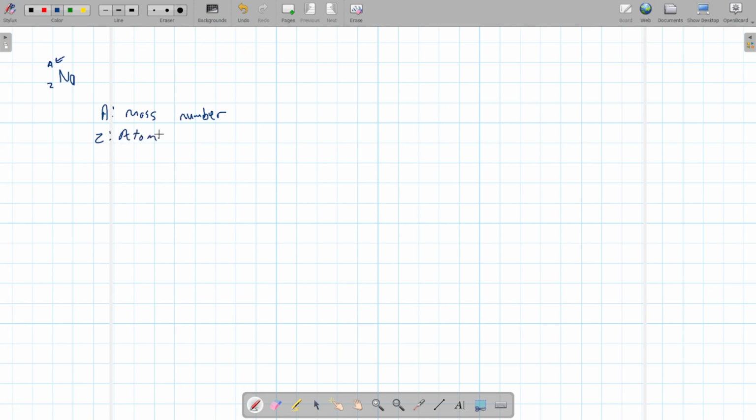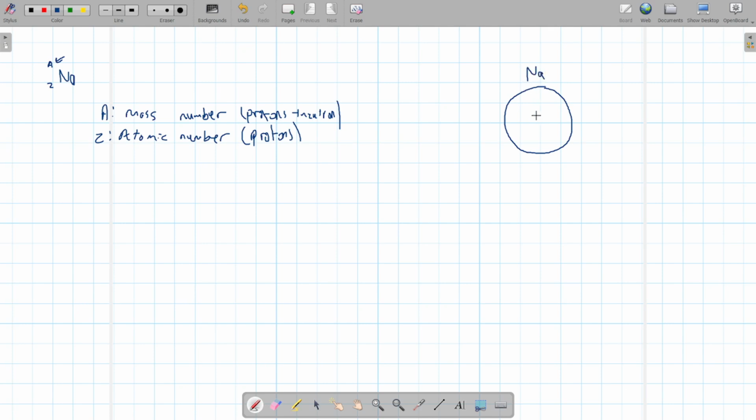Okay, atomic number. In simple terms, atomic number means protons, and mass number is protons plus neutrons. I don't think I have to tell you guys what a proton is, what a neutron is. If you don't know, this is an atom. Let's say this is Na.